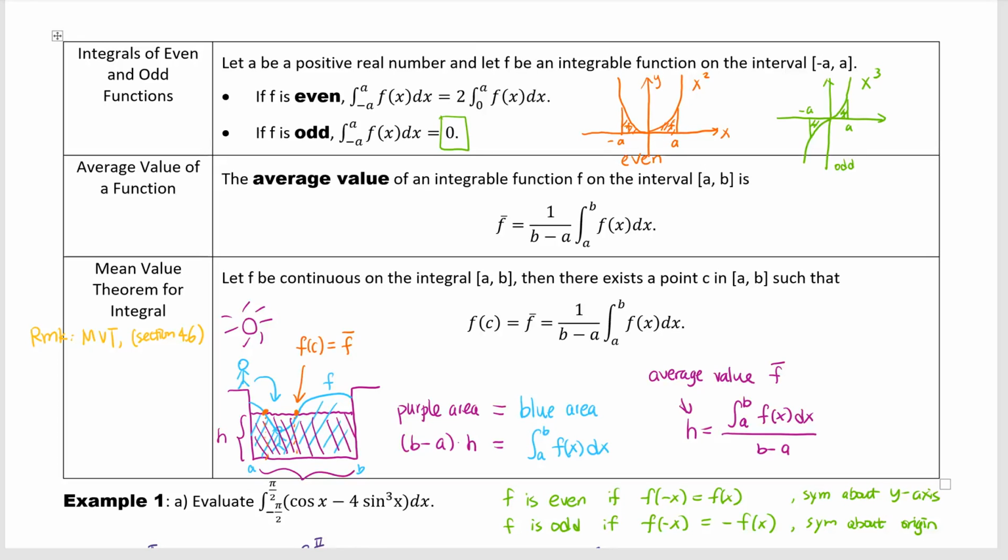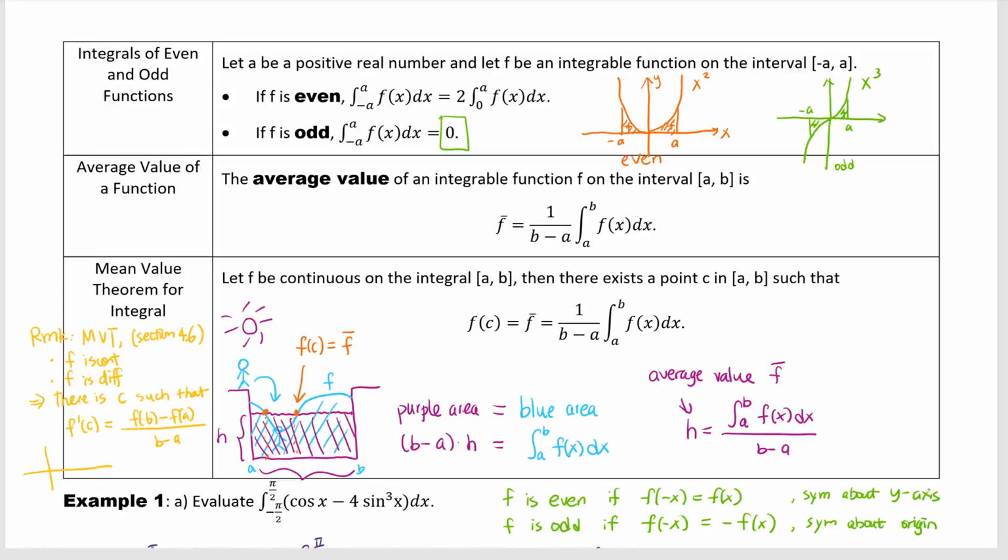The mean value theorem first has 2 conditions: f is continuous and f is differentiable. After we satisfy those 2 conditions, then there is a c such that f prime of c equals f of b minus f of a over b minus a.